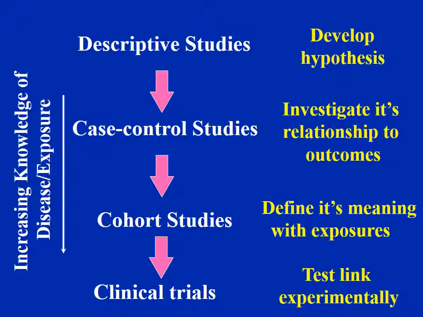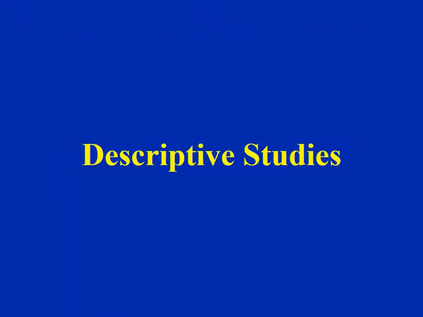As I described earlier, as we go down this list, we get increasing knowledge of the relationship between the disease and exposure, often increasing costs to run these types of studies, but more certainty that the evidence from the study is not compromised by other factors.